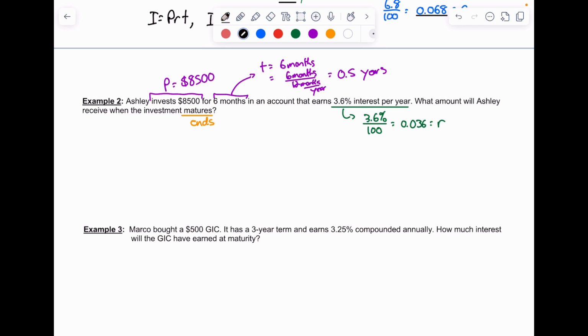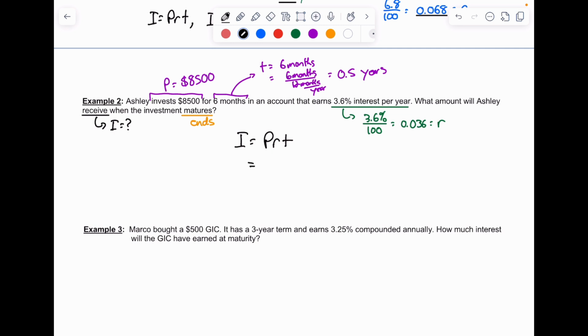All right, so we have our formula. I is equal to P R T. So now you just plug it in. We are looking for, in this case, what amount will she receive? So it's not saying what will her total account be worth, it's how much interest will she receive.